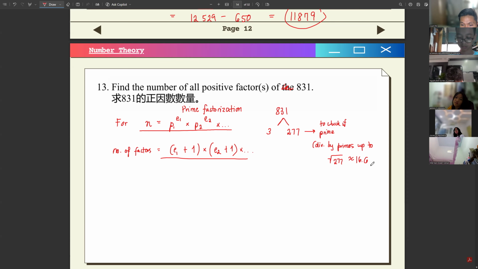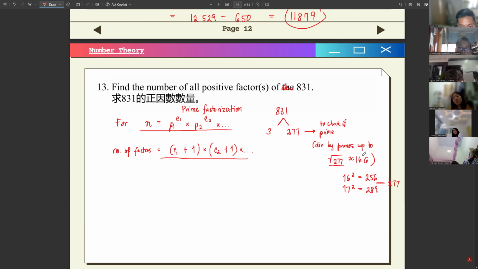How do we get this manually? You can just test, by trial and error: 16 squared is 256, 17 squared is 289. So 277 is somewhere in between, around 16 point something. You don't have to get the actual value, just a rough idea.